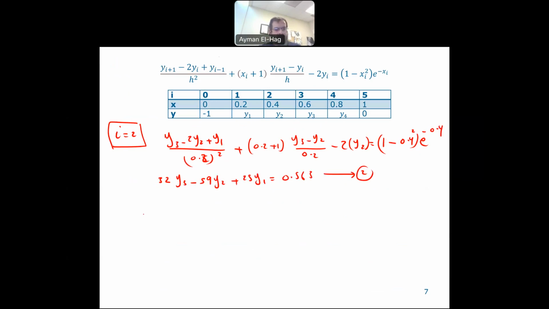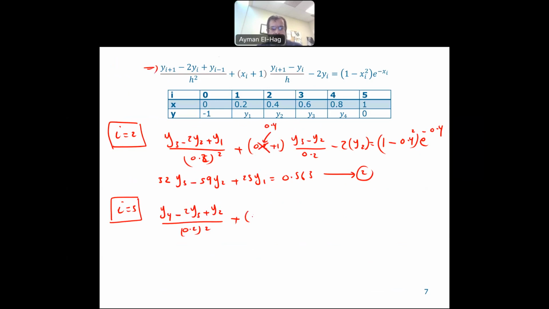Now we go for i equal to 3. We substitute here: y_{3+1}, which is y4, minus 2y3 plus y2 divided by 0.2 squared, plus your x_i, sorry, here this should not be 0.2, it should be 0.4.